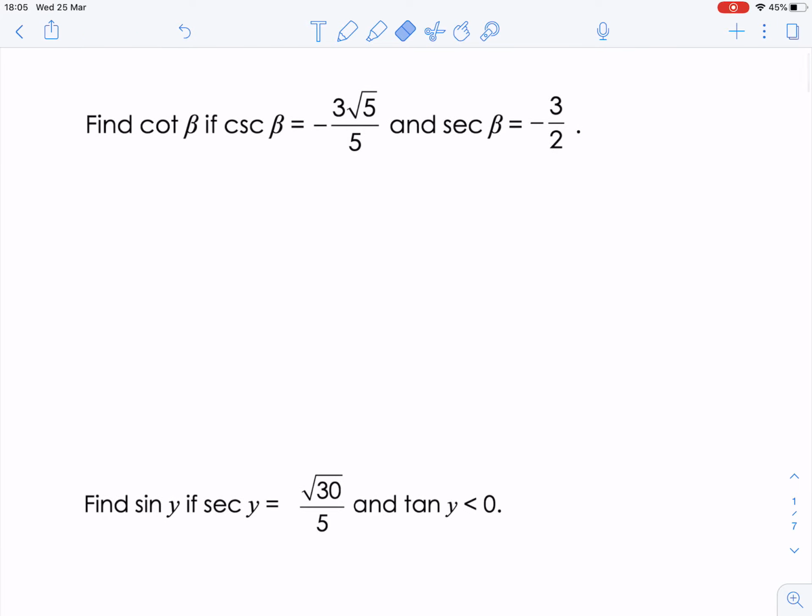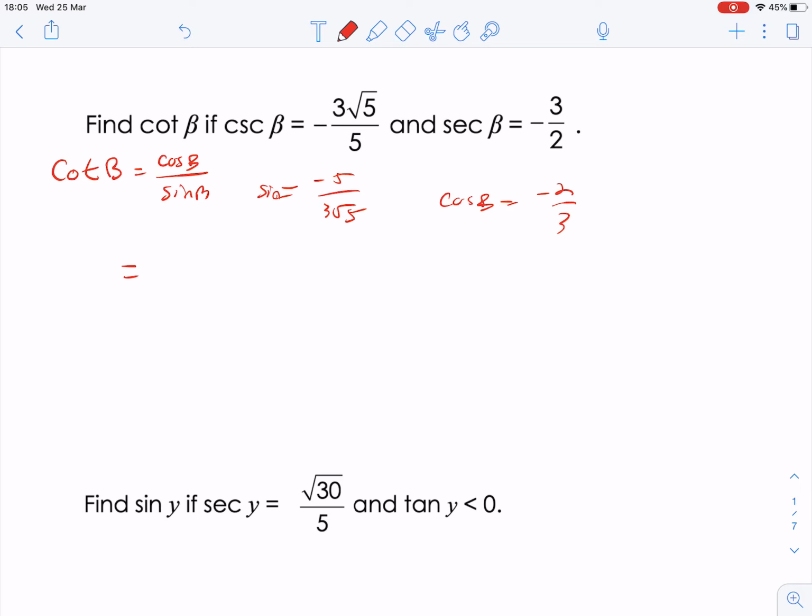All right, so cotangent of B if cosecant is thus and secant is thus. So we have to know that the cotangent of B, or beta, is equal to cosine of beta over sine of beta, which means cosecant is that. That means sine is going to be -5 over 3 square roots of 5, which means cosine is going to be -2/3.